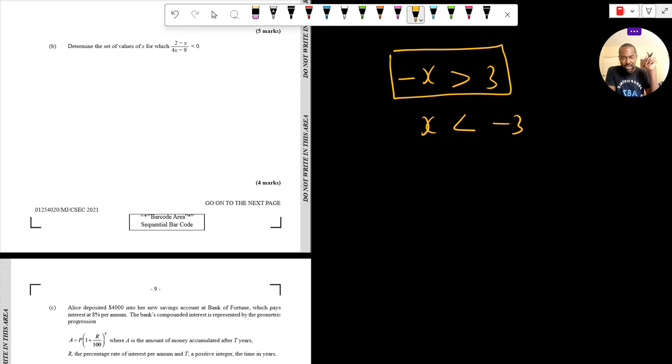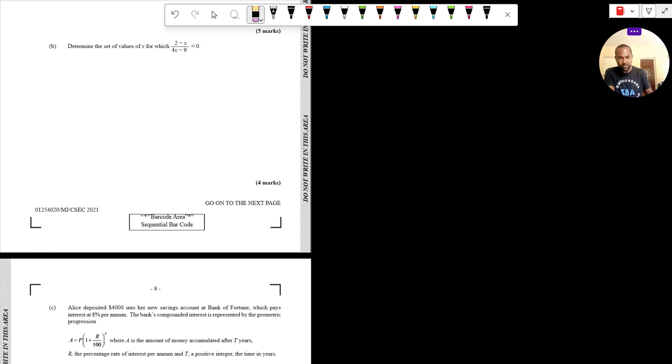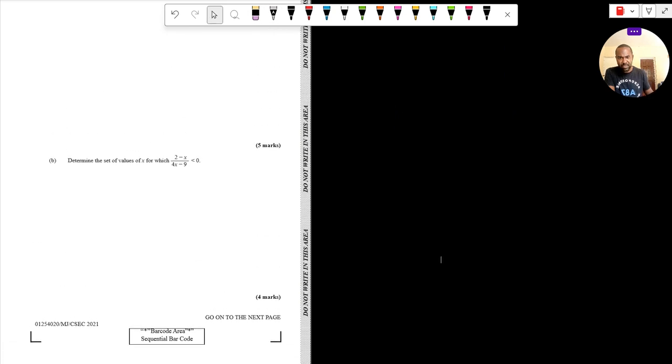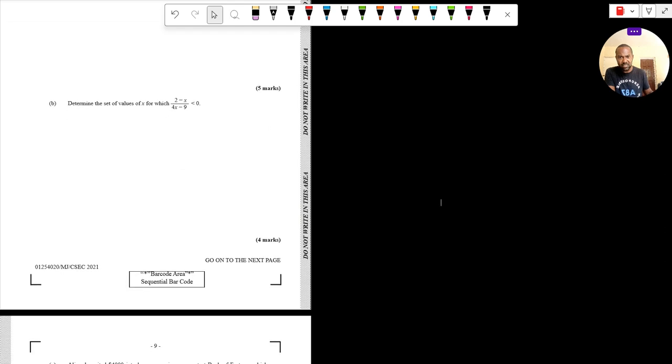And so whenever you have to multiply across an inequality, it is always best to multiply by an expression which you know could never be negative, so you don't have to worry about the direction of the inequality reversing, right? What exactly does that mean? So in this question here, we have an inequality. Let's write it down.